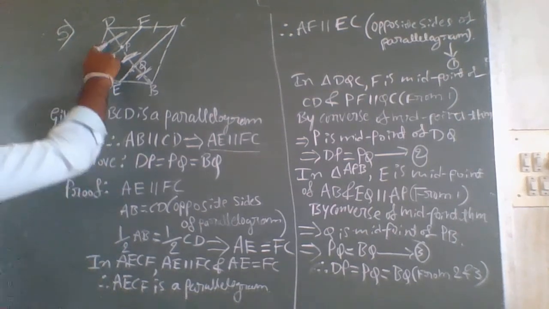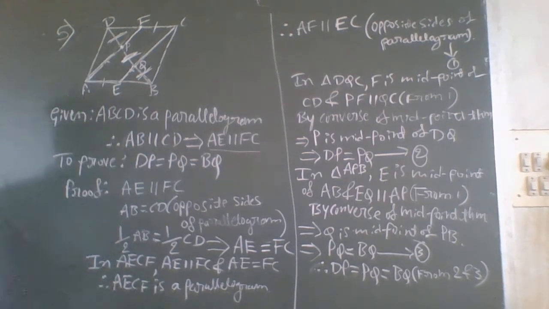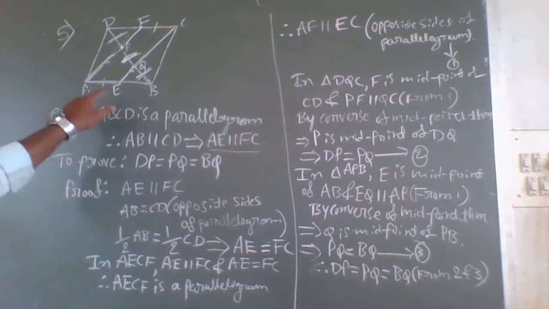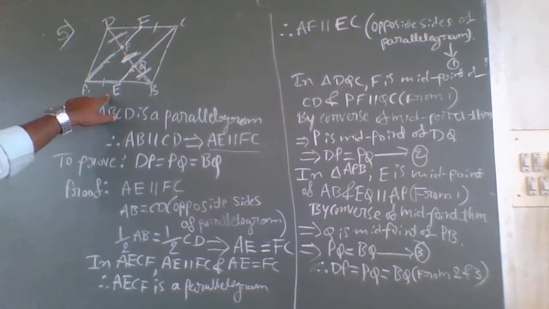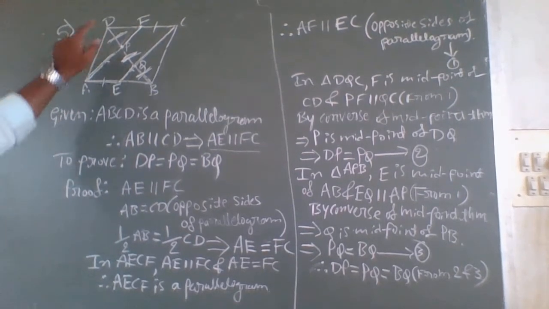Therefore, DP is equal to PQ and PQ is equal to BQ. So now you can write that, hence we prove, segments AF and EC trisect the diagonal BD.